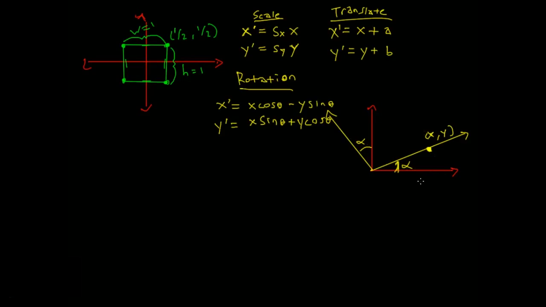So we can represent x and y using their sine and cosine values. That is exactly what we are going to do. If we draw a line like this, it's a 90-degree angle.